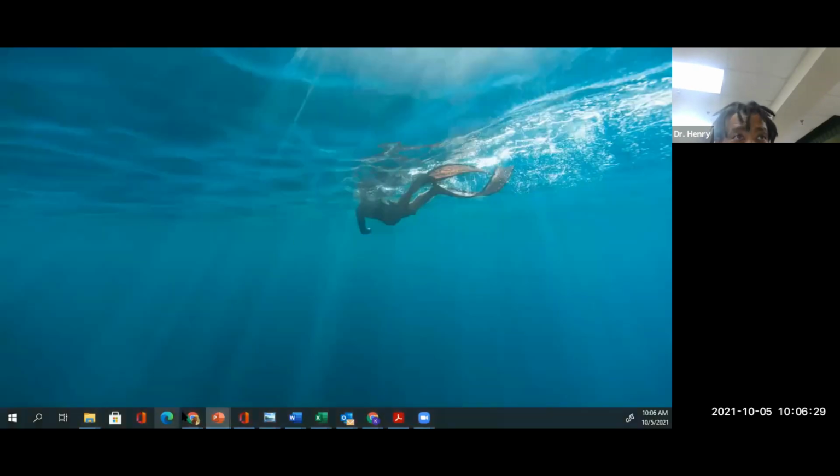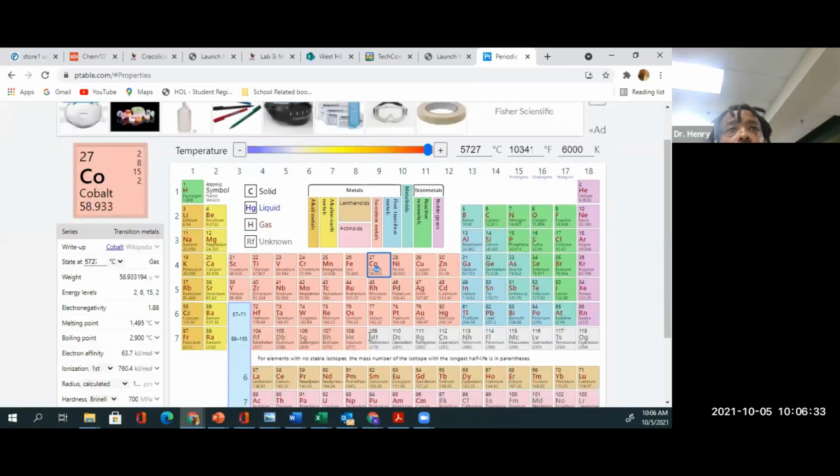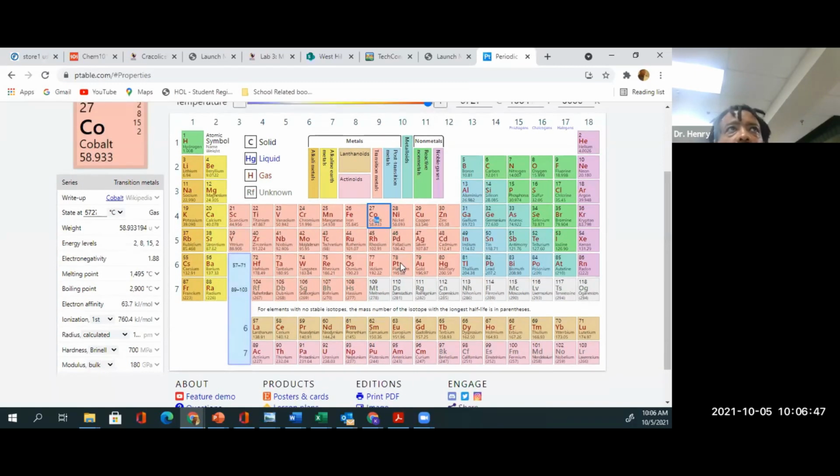Okay, so here's our periodic table. These lanthanoids and actinoids actually fit right in this spot. So in reality, our periodic table looks like this. Let's see if I can make it smaller so you can see it.